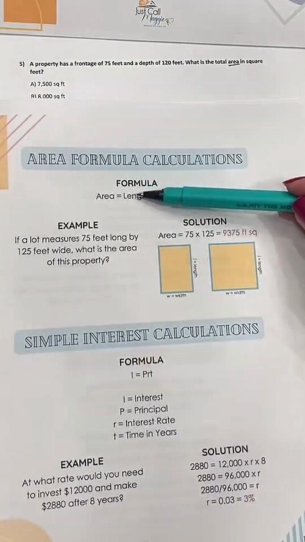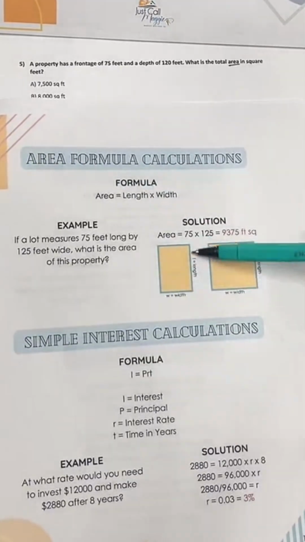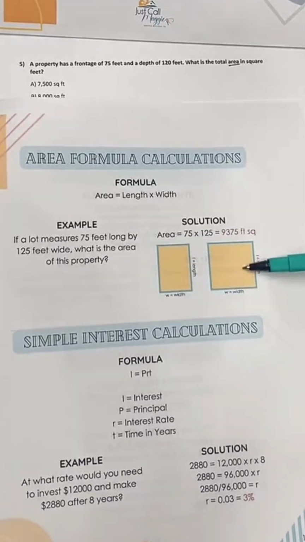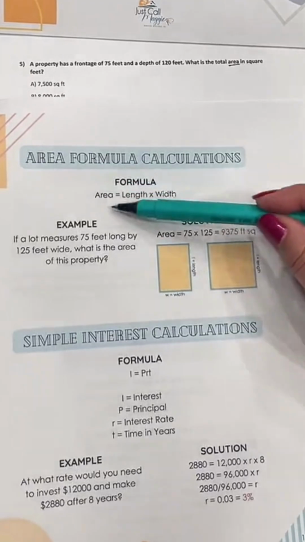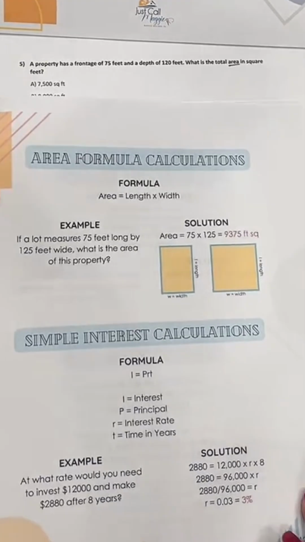It says area equals length times width. So here's what we just drew, pretty much. This is a rectangle, this is a square. So for squares or rectangles, you use the same exact formula. Triangles is a different formula, and circles too, but that's not anything we're going to worry about, okay?